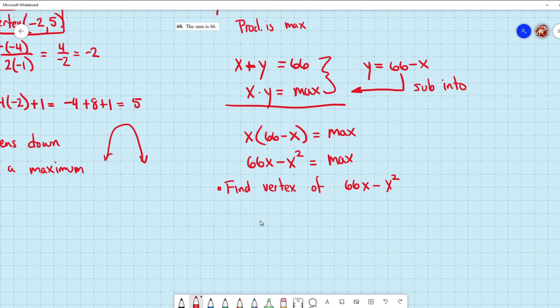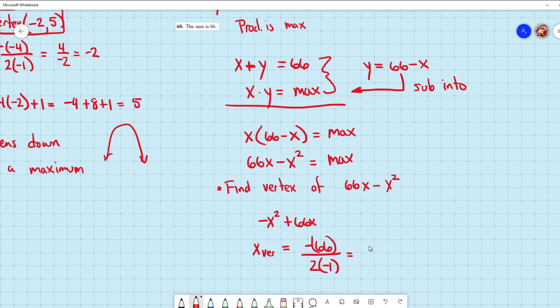I'm going to rearrange it so we can see a is -1, b is 66, and there is no c value. The x coordinate of the vertex, and this is not the same x as here, is going to be -b over 2a.